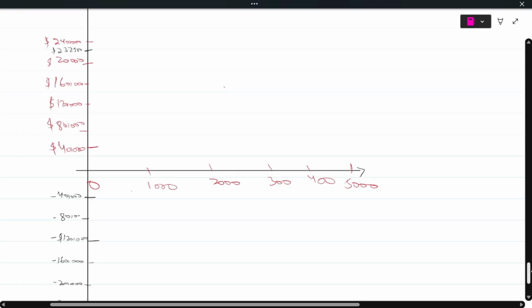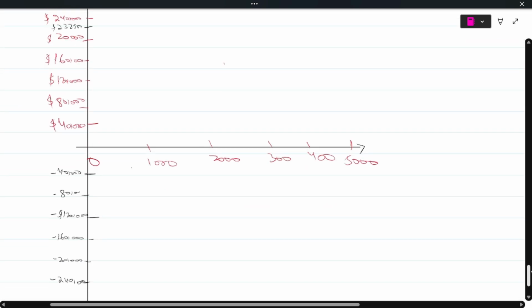Okay, so I have completed my negative y-axis scale, and this is how my axes look.